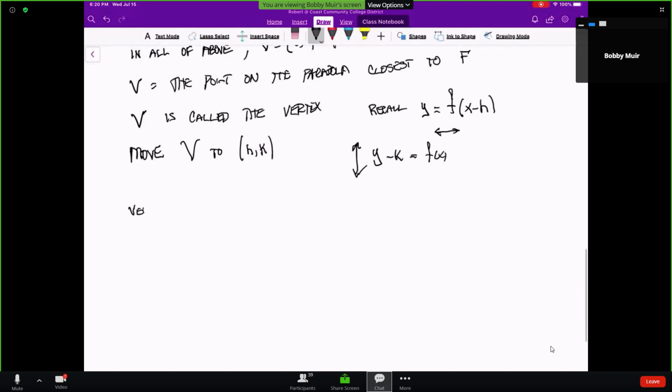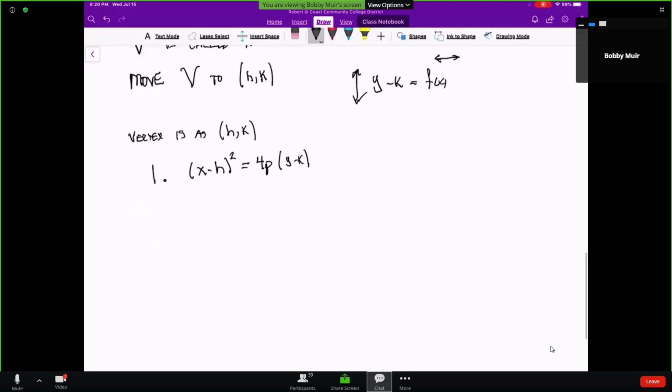So if the vertex is at the point (h, k), then what we have is one of them, (x minus h) squared equals 4p(y minus k). Number 2, we'll have (x minus h) squared equals negative 4p(y minus k).